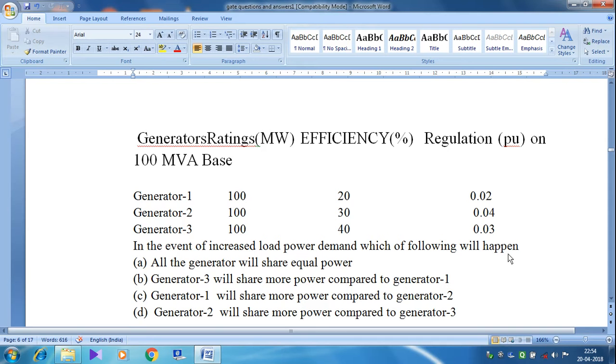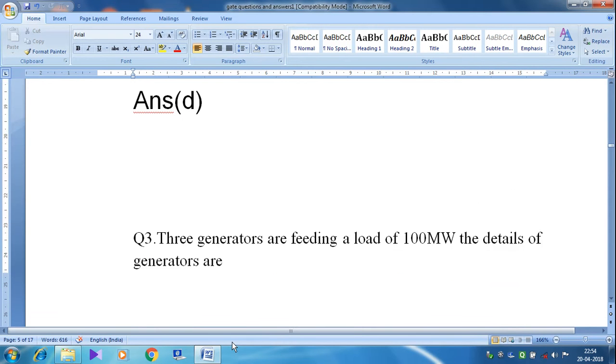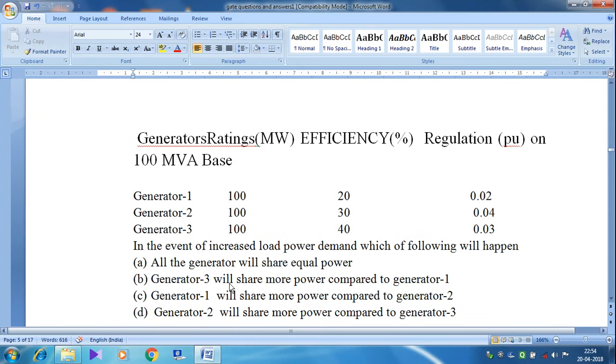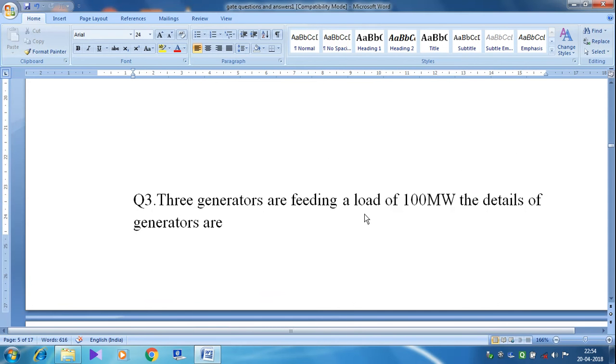इसका मतलब क्या है? ये जो तीनों जनरेटर थे इधर, ये parallelly, they are connected in parallelly and feeding a load of 100 megawatt.